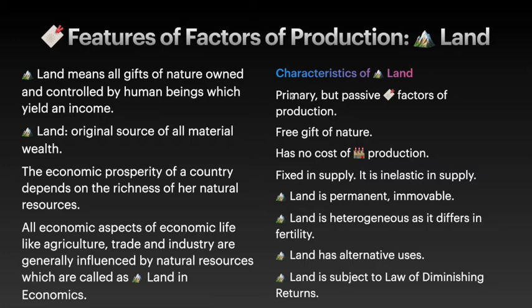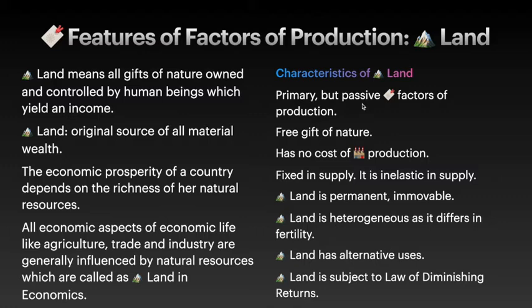As we have seen before, land is a primary factor of production, and it is also known as passive because land on its own does not do any work. It is not an active factor of production.